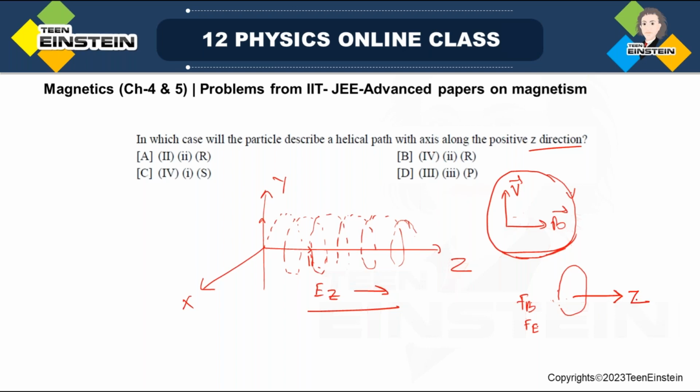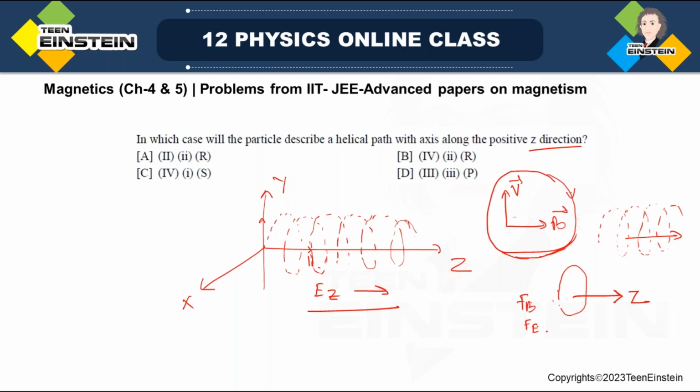Okay, this is the z direction, it is pushing forward. So by the time it completes this circle, it is pushed forward, so that's how the helical path will come like this. It will go forward as well as have circular motion.